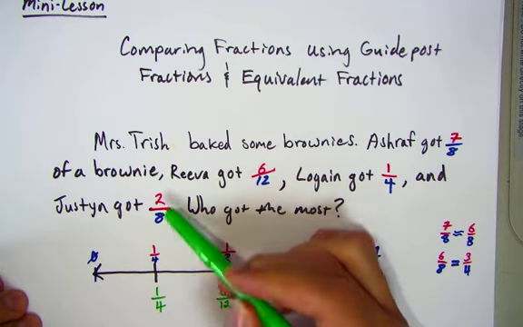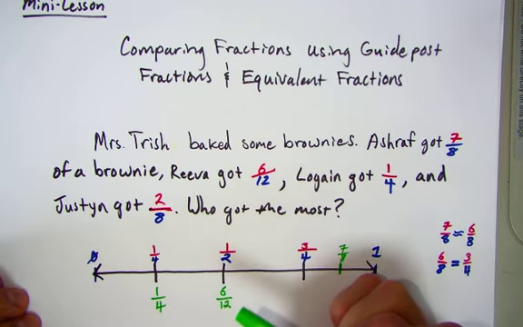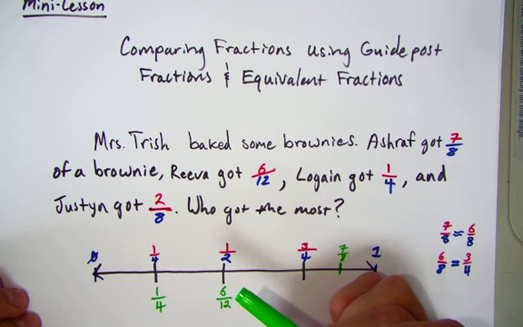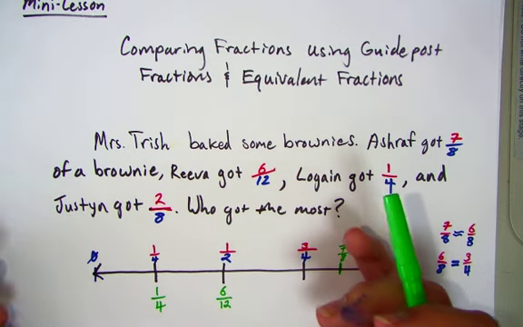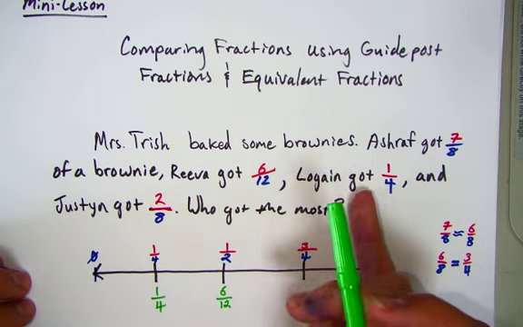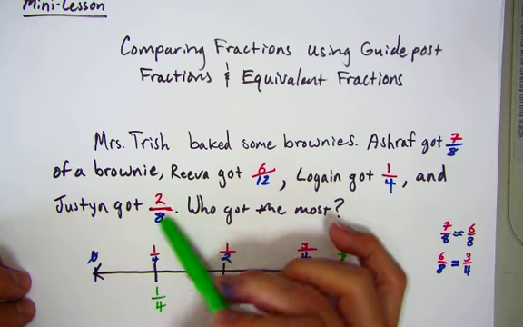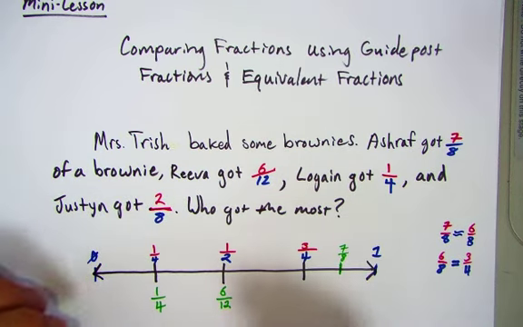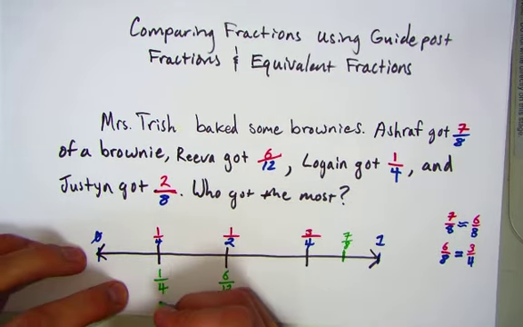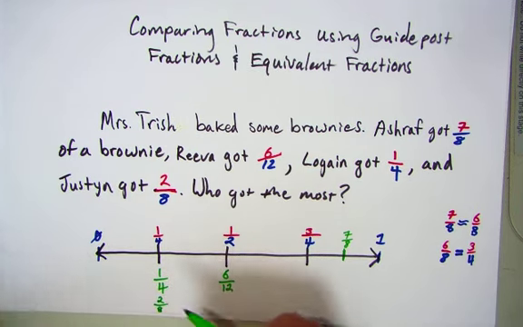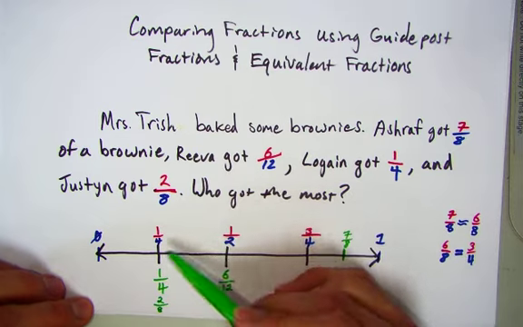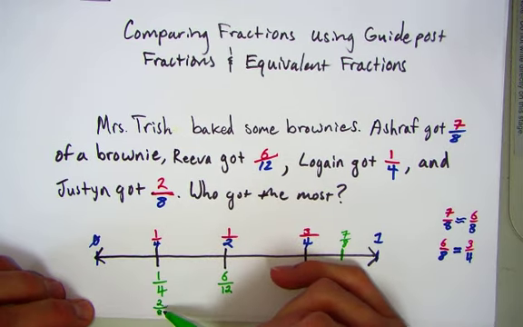What is an equivalent fraction to 2/8? You can draw a picture if you want. But you should probably remember that 2/8 is the same as, yes, 1/4. This is where 2/8 goes, right here. So 1/4 is the same as 2/8.